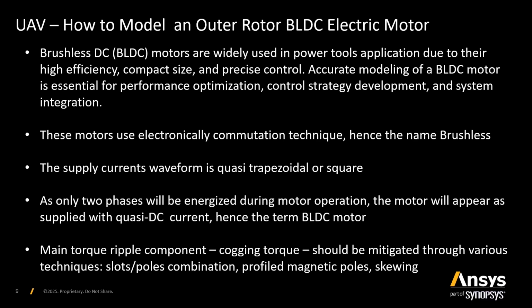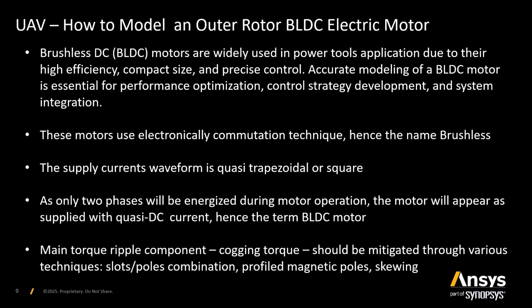Brushless DC machines are widely used in power tools mostly, but they also have very good capability for UAVs and the application domains that I mentioned earlier. They typically use an electronic commutation technique, which is where the name brushless comes from.